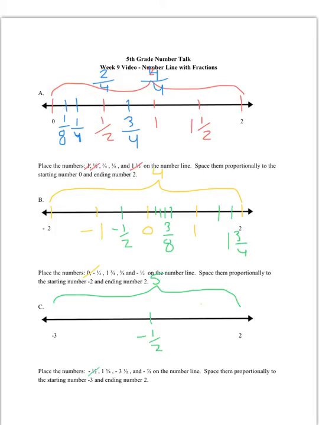Then if we broke this up, we'd have 2, we'd have 1, we'd have 0, right? Negative 3, negative 2, negative 1. So there's our 0, there's our negative 1 on either side of our negative 1/2.